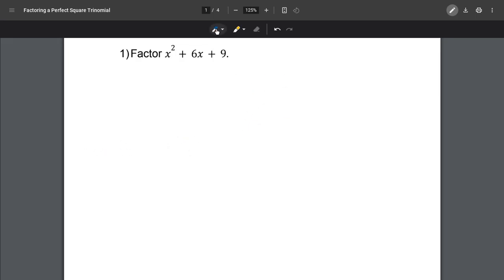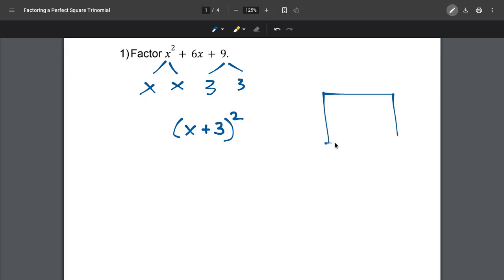what we can do is, x squared is x times x, and 9 is 3 times 3. So this is just going to factor to x plus 3 squared. If we want to check this, let's say we want to check it via Punnett square, let's do that.